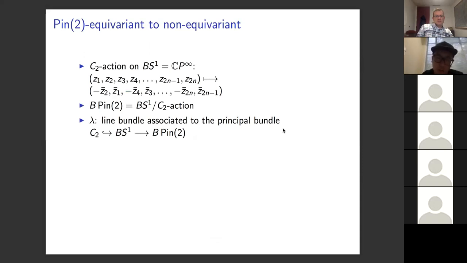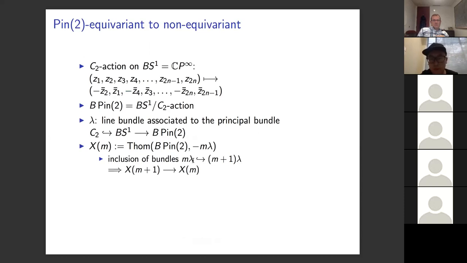And let lambda be the line bundle associated to this principal bundle. So we substitute this fiber C2 with the real line, and we can consider all kinds of Thom spectra over BP2, namely several copies of the virtual representation minus lambda. There are inclusions of sub-bundles of m copies to n plus 1, so the virtual bundle direction will be reversed.